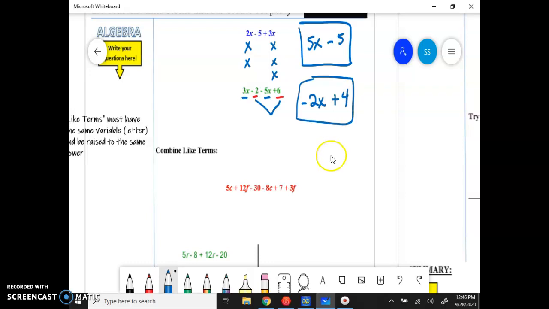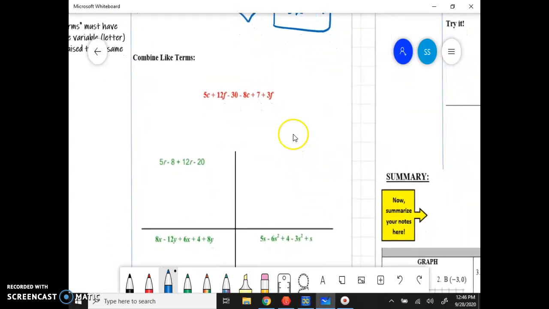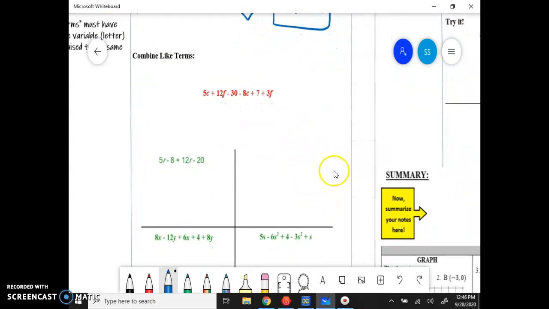All right, let's try a little bit more difficult of a problem. All right, so we've got C's and F's, and then we've got some constants. So sometimes I label these. I'm going to label the C's with one line, and then I've got my F's. I'll give those two lines, and then I've got my constants, okay?